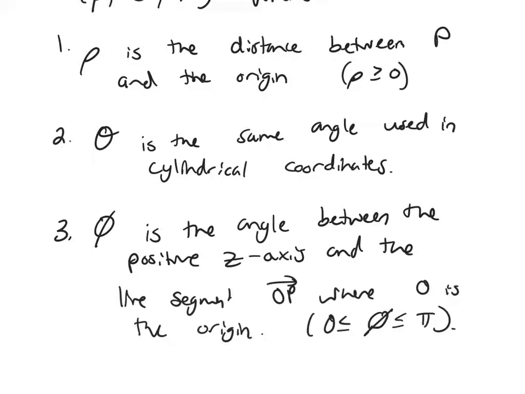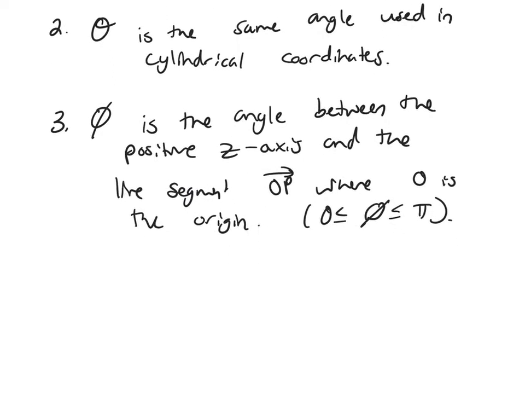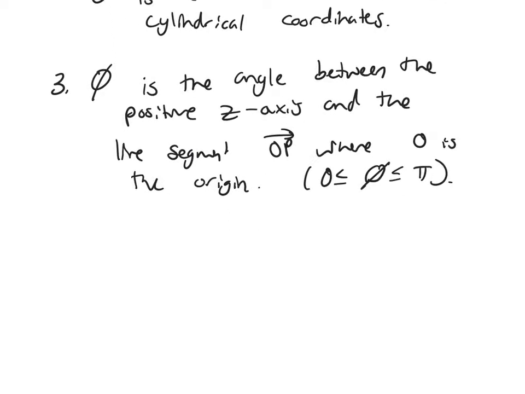So let's look at a picture here of what's going on, what these angles all look like. So here's X, Y, and Z. And let's say I have my point P out here. So the first thing is rho. Rho is the distance.